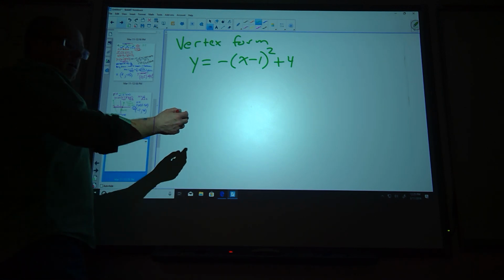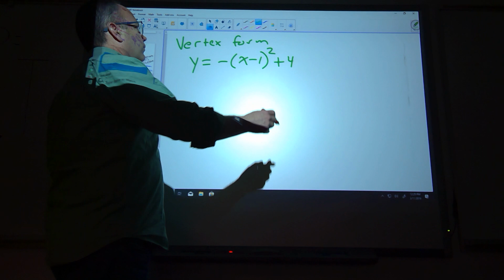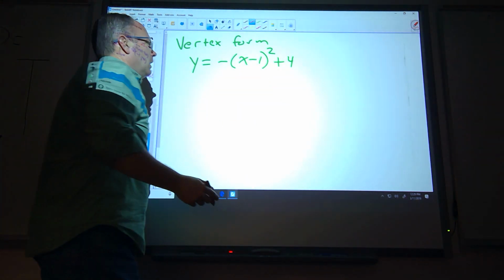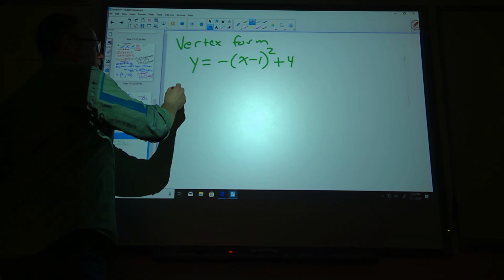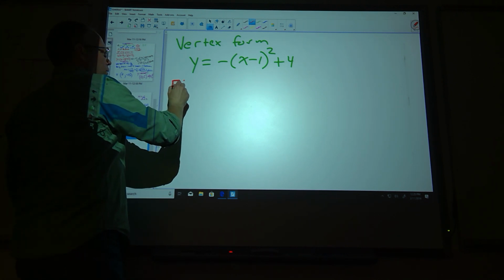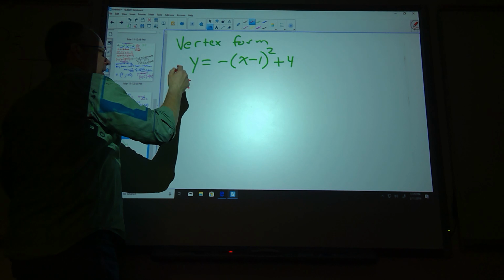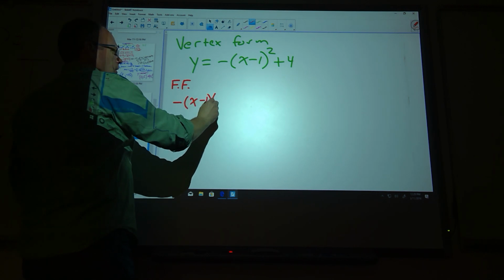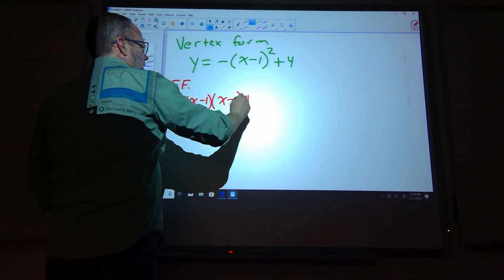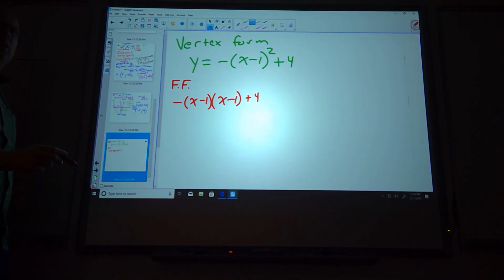Does anyone want to try and, let's see, what do we have? Find factored form. Okay, let's try and find factored form. Means I actually have to put it in standard form first, I think. Do you agree with that so far? Yeah.